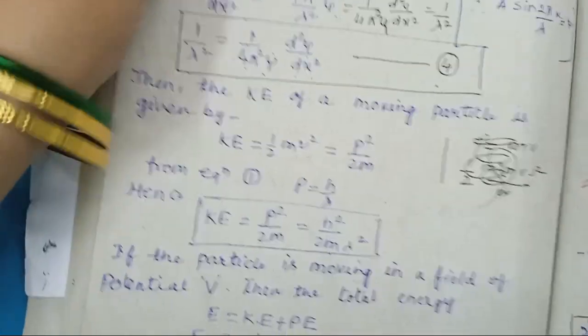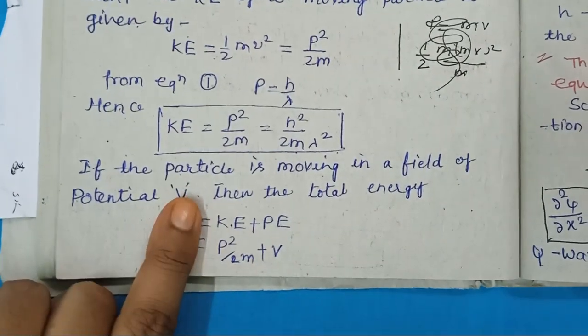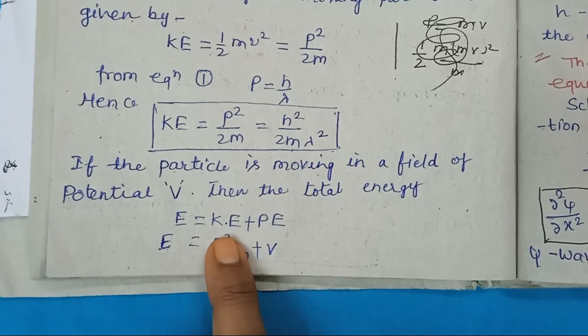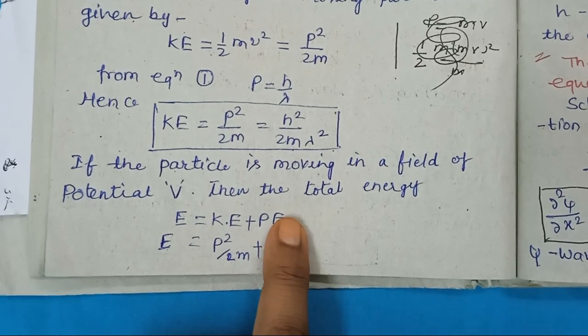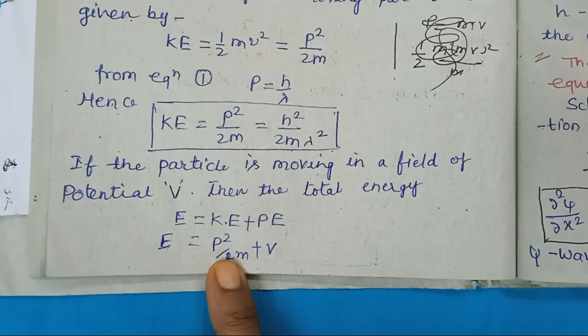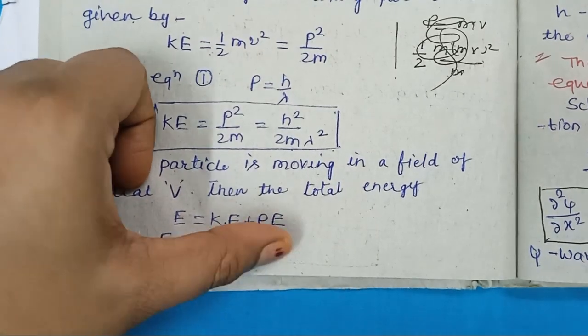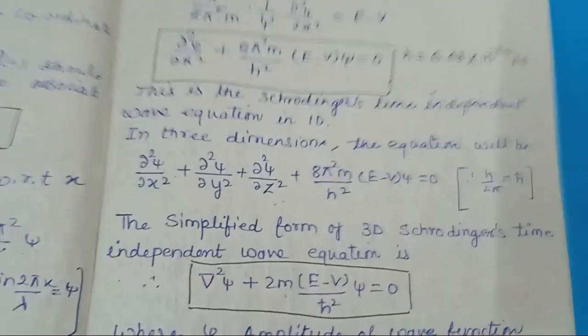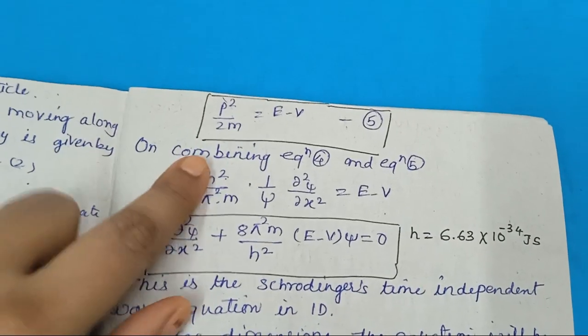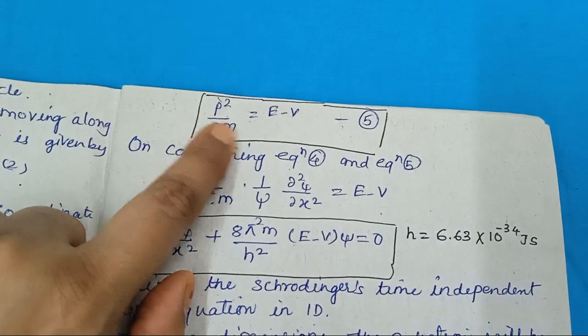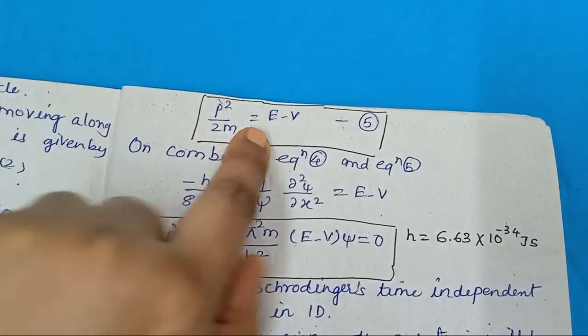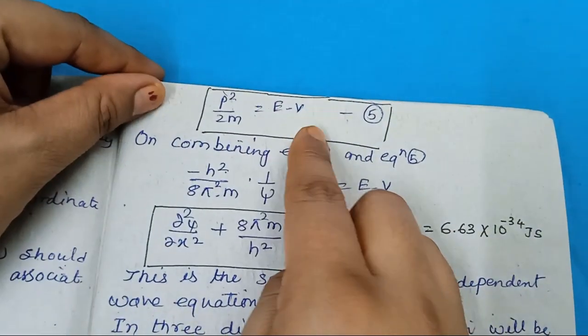If the particle is moving in a potential v, then the total energy is the sum of kinetic energy and potential energy: E equals p square upon 2m plus v. So p square upon 2m equals E minus v.